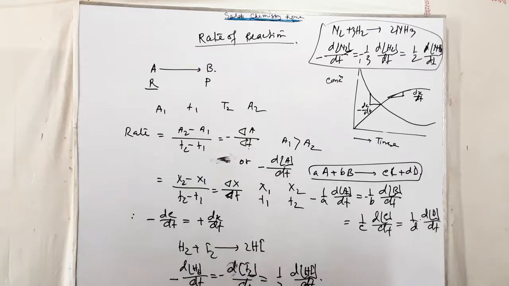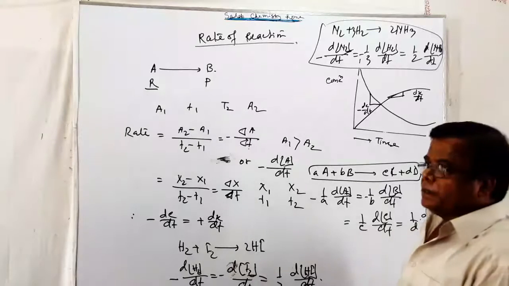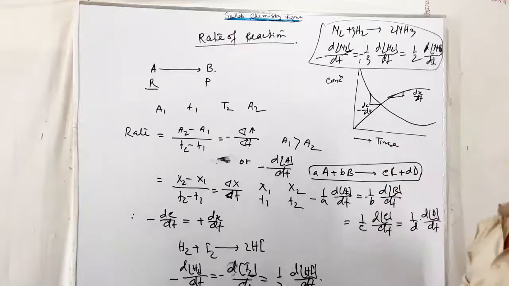So the rate of the reaction determines how molecules interact with each other to form product. In the rate of the reaction, the amount of the reactant decreases in unit time, and at that time the amount of the product increases. This is the rate of the reaction.